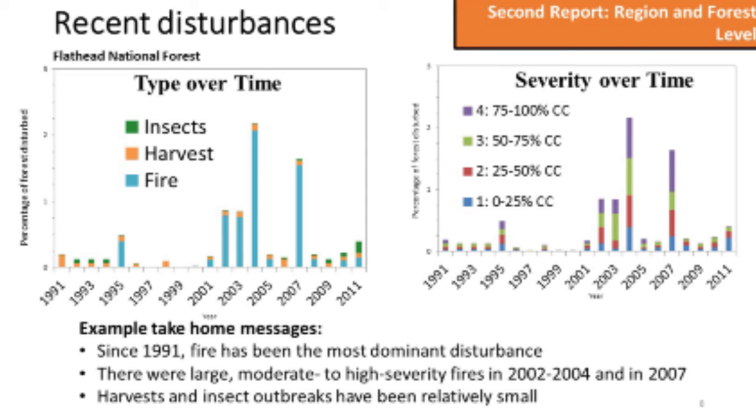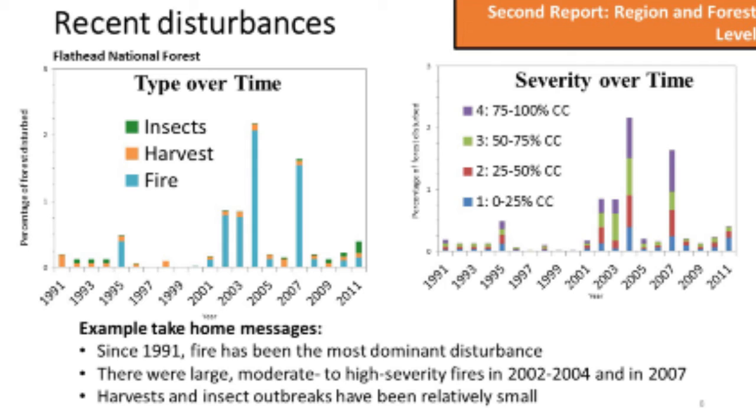So we can summarize the disturbance maps in tabular form. And in fact, in the second report, you can find these tabular summaries both at the regional scale and at the national forest scale, like a lot of the results that I've just talked about.